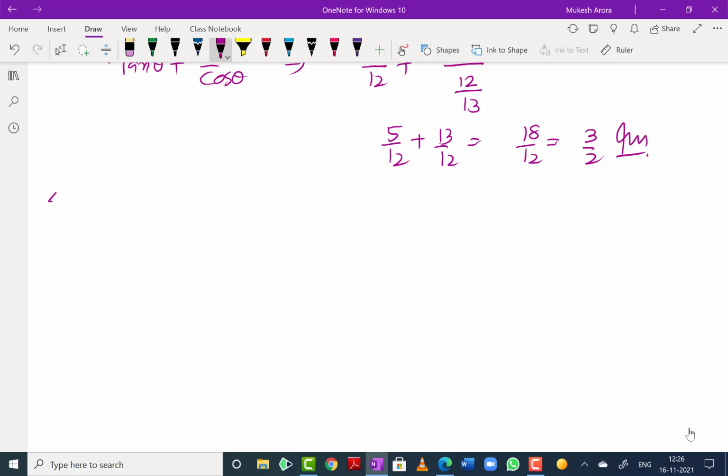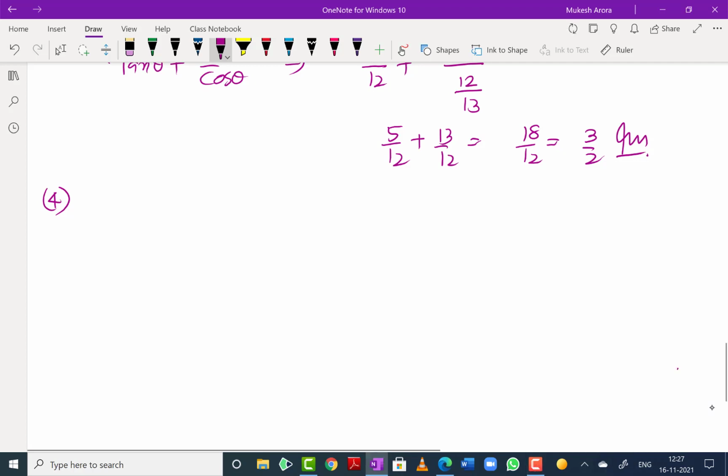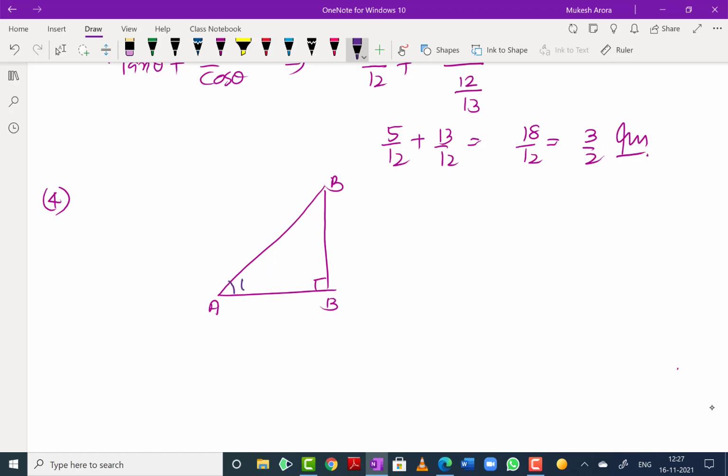Another sum. Question number 4. Question number 4 is, in a right angle triangle ABC, right angle at B, cot A, theta is here, cot A is 1.